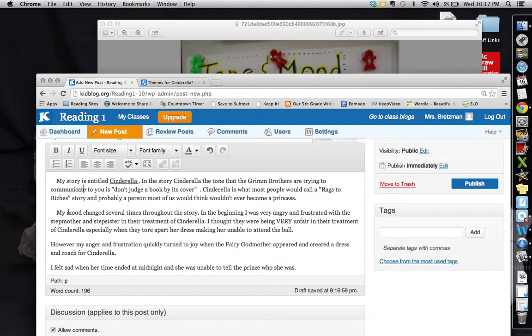She goes to the ball with glass slippers and is told to stay there till midnight. And when she's returning from the ball at midnight, after dancing with the prince, she loses a glass slipper. And the prince has fallen in love with her and will only marry the girl whose foot fits the glass slipper. And in the end, that slipper fits Cinderella's foot and she marries the prince and they live happily ever after.